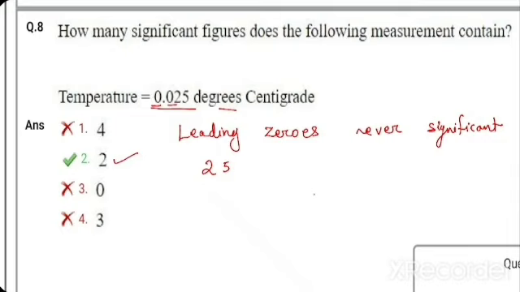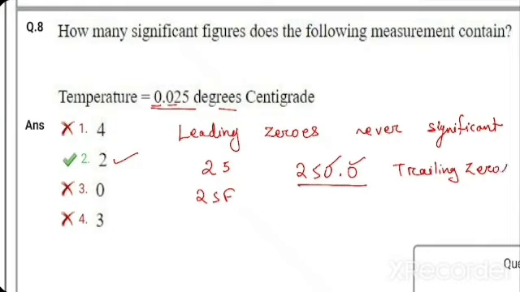In 0.025, 2 significant figures are there. If we write 250.0, then these two zeros are called trailing zeros. In the case of trailing zeros, if there is a decimal point, then these trailing zeros are significant.